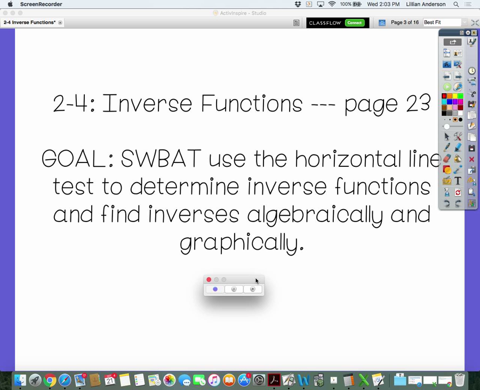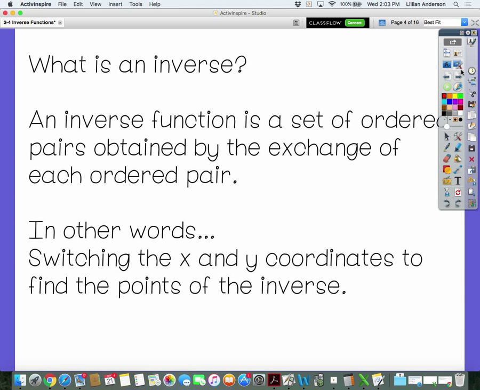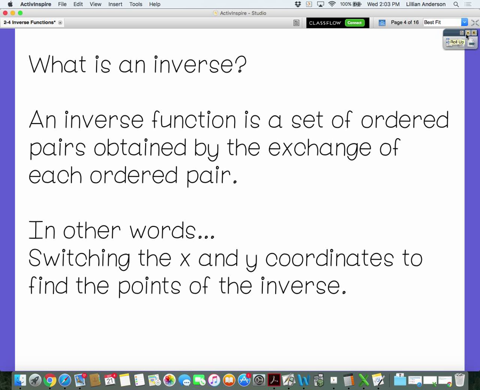Okay? Well, let's start. What is an inverse? Well, an inverse function is a set of ordered pairs obtained by the exchange of each ordered pair. So in other words, you're basically switching the x and y coordinates to find the points on the inverse, okay?